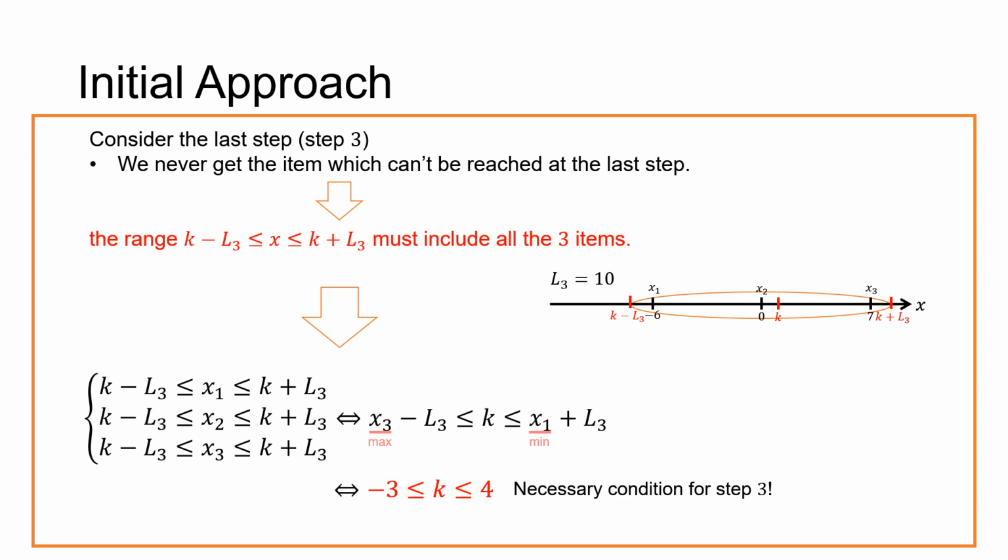This means that the range of the last step, from k minus L3 to k plus L3, must include all the three items. So we have three inequalities here, and we can put them together like this. The inequality in red ink is a necessary condition for the last step.